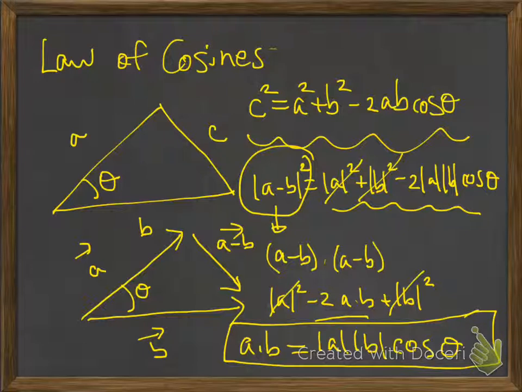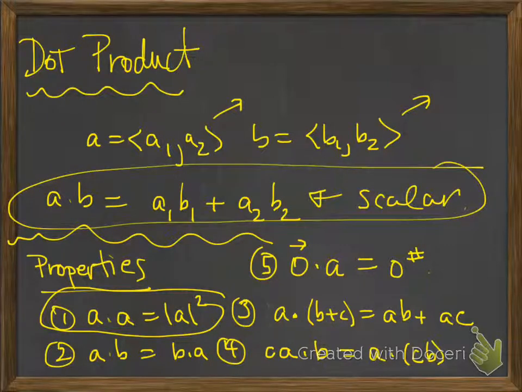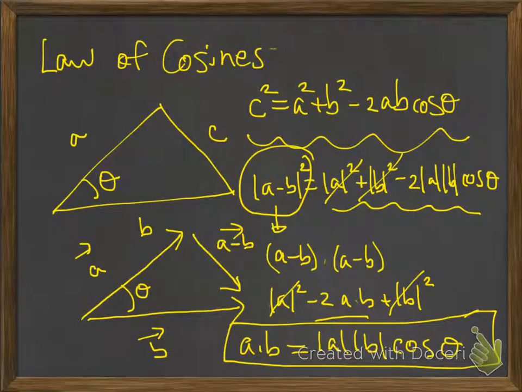So we defined the dot product as such, and we discovered based on that definition that this was actually true: that we could get the dot product by finding the magnitudes of A and B and the cosine of the angle between them. Now that can be useful for several reasons.